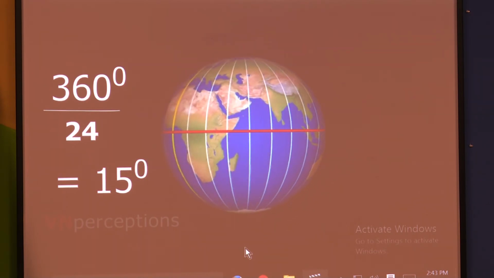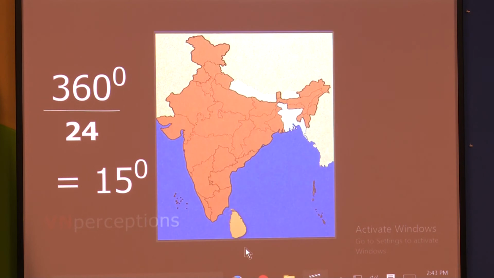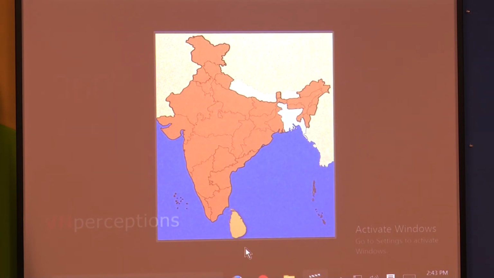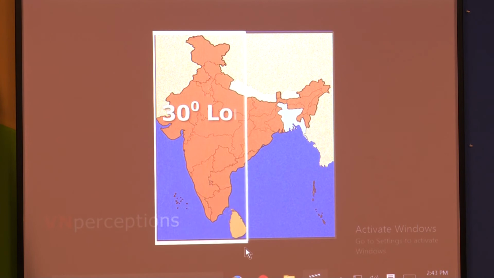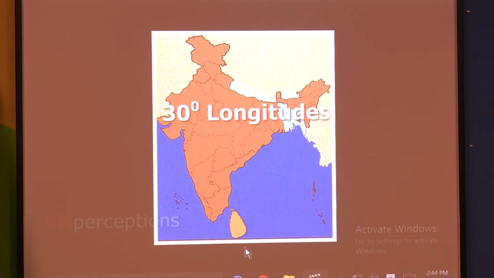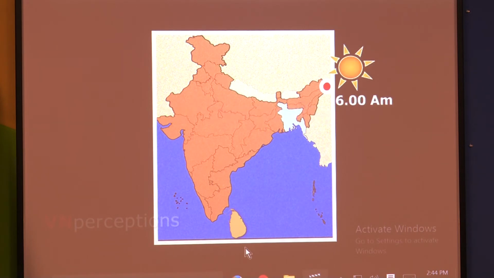Now if I take India, the longitudinal extent of India is approximately 30 degrees. Suppose I take the easternmost end of India in Arunachal Pradesh. Say there is a sunrise and I say the time is 6 o'clock based on the sunrise.